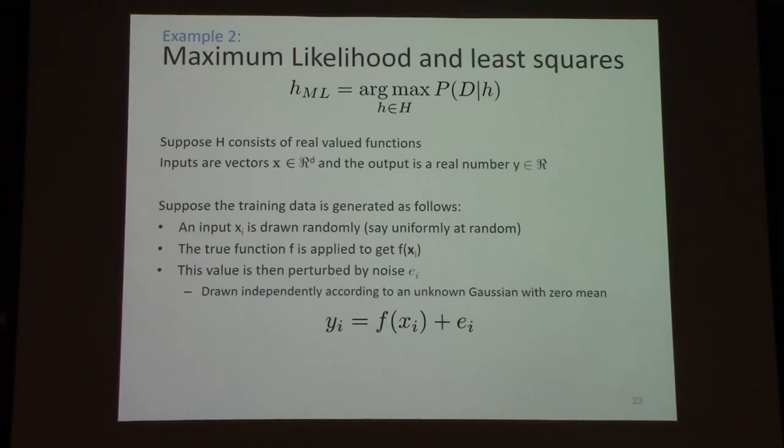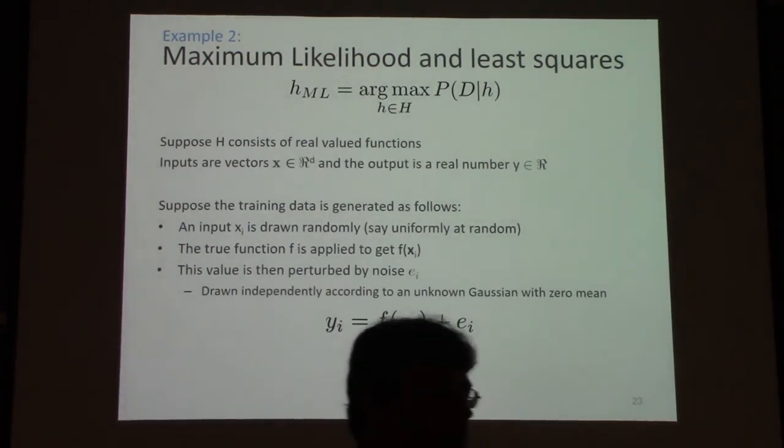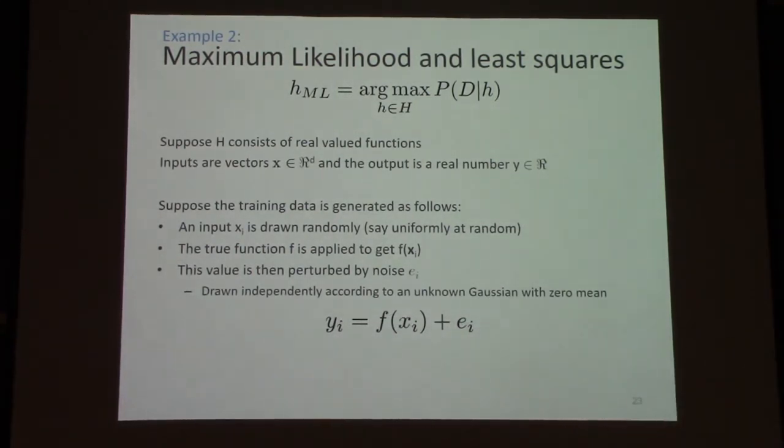It adds some noise, let's call it ei, to this value. So just to repeat, you pick a random point, xi, chosen arbitrarily from some instance space, a d-dimensional vector space, and this true function, the hidden function, the oracle function, is applied to this point.